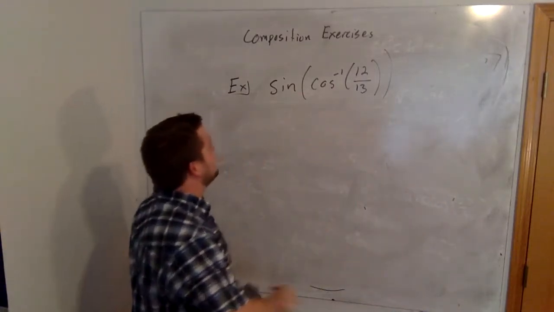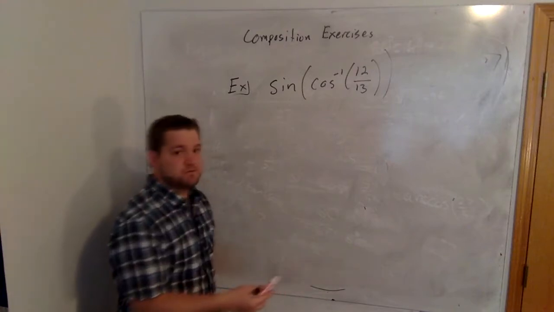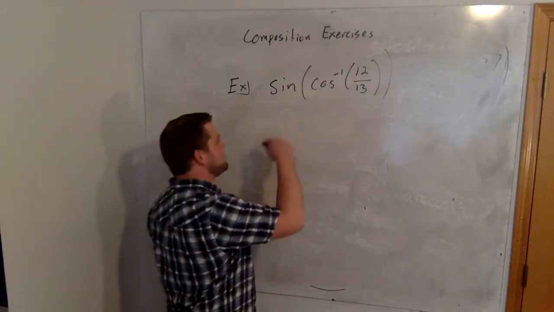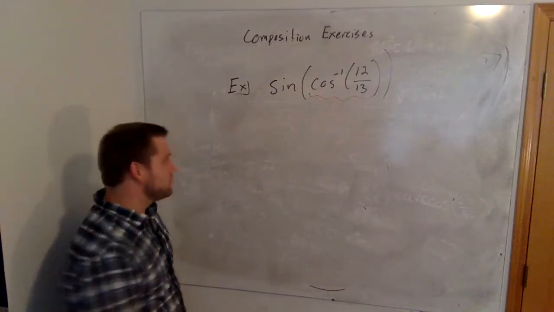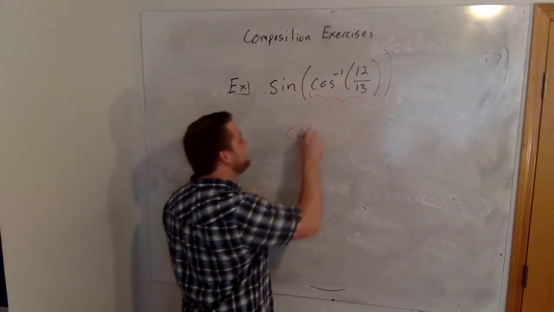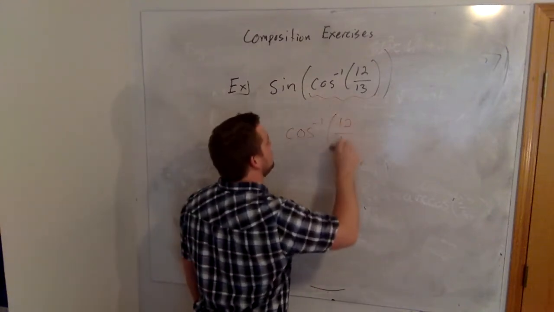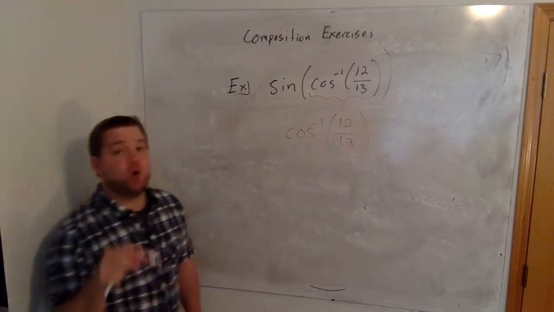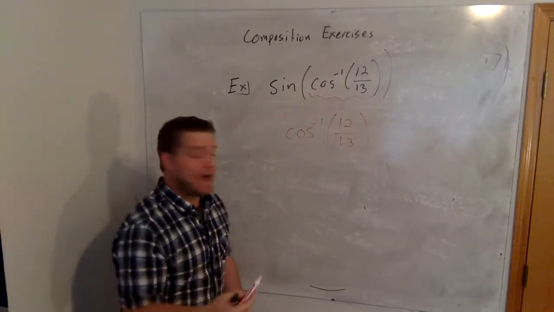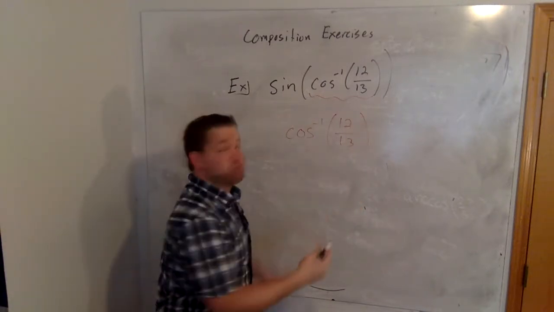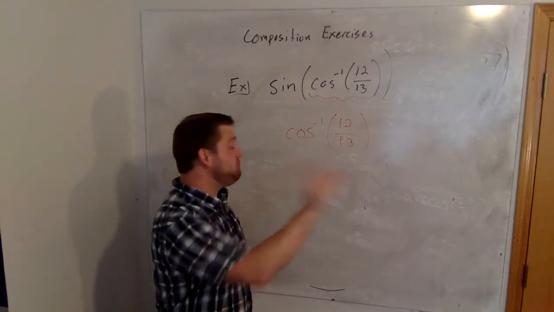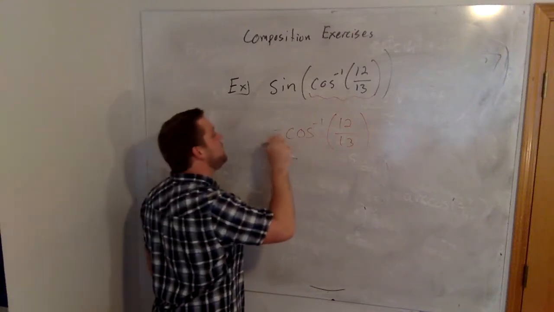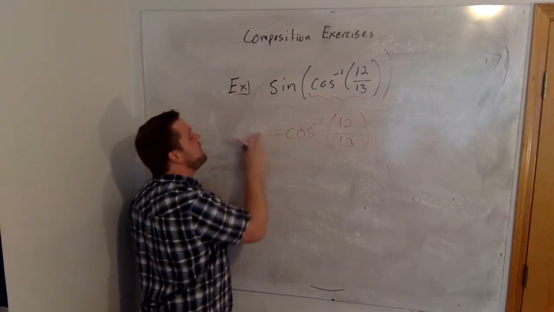Whenever you're doing a composition, you want to work from the inside out. So what is cosine inverse of 12/13? We have to remember, inverse trig functions eat ratios, and they spit out angles.